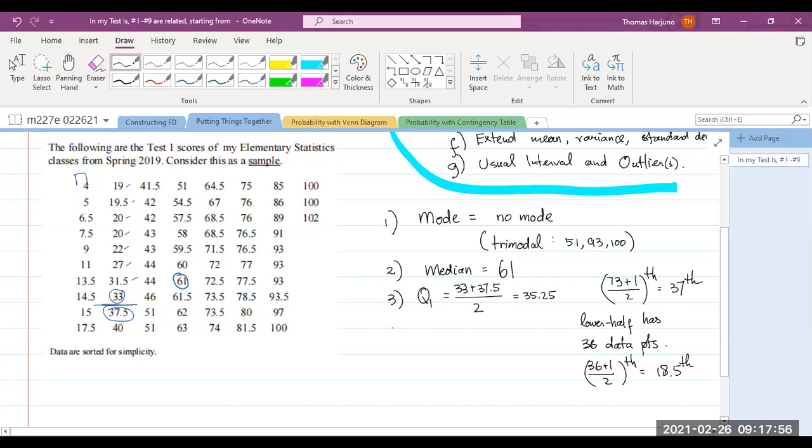Likewise, for the third quartile, that will be data number 18th and 19th together. We already have 3 plus 10, that's 13, 14, 15, 16, 17, 18, and 19 in between.